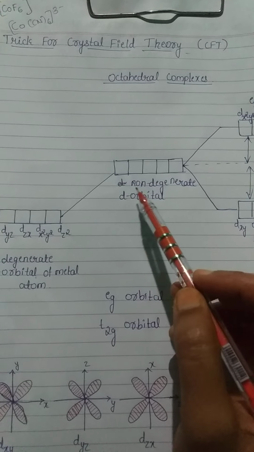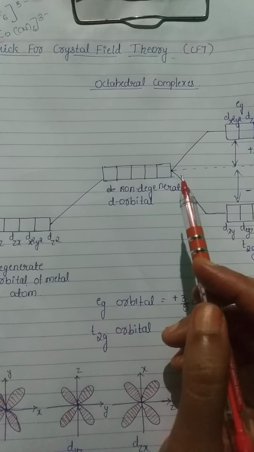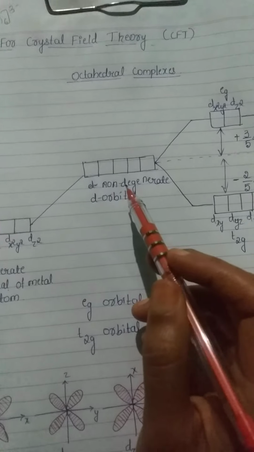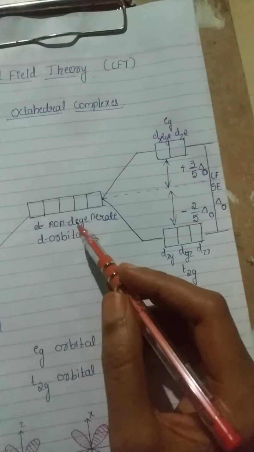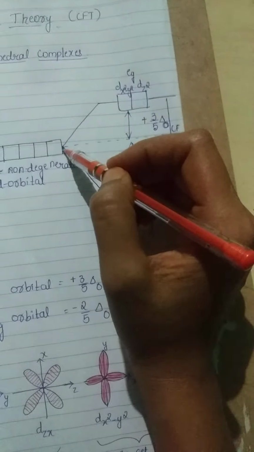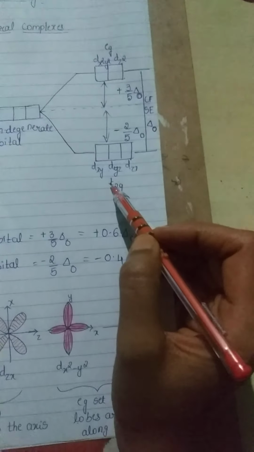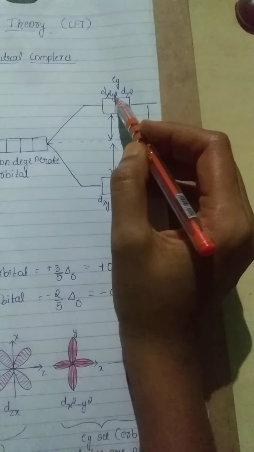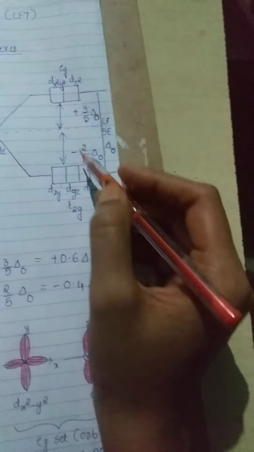A repulsion takes place, and that energy is lost, the degeneracy is lost. That is the non-degenerate d orbital, meaning the energy is not the same. This can split into 2 sets, the EG set and the T2G set. For octahedral complexes, the dx square minus y square lobes are present along the axis, that's why EG set and T2G set.